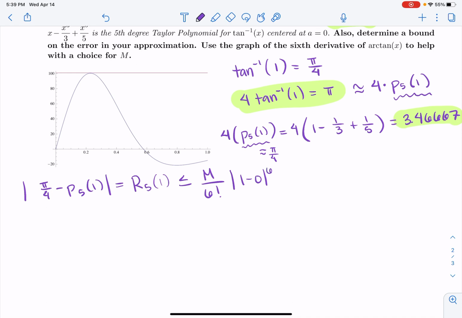And how do we get M? We're told that this graph here is the 6th derivative of f of x. And what is the maximum value between 0 and 1?